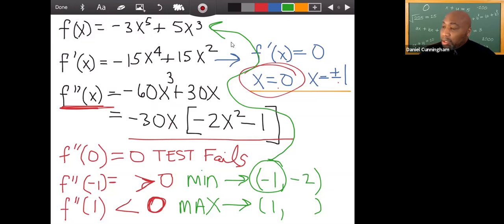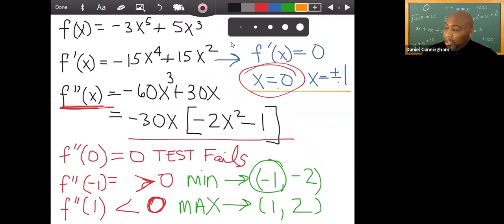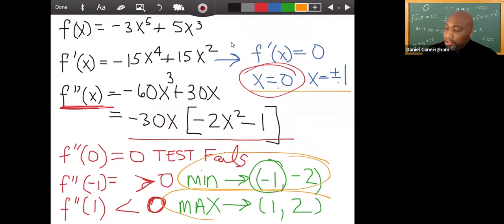So I'm going to erase that line. So this gives me a -2. And then you plug in 1 into the original equation. And so 1 would be a -3 plus 5, which gives me 2. And there they are. And that's using the second derivative.